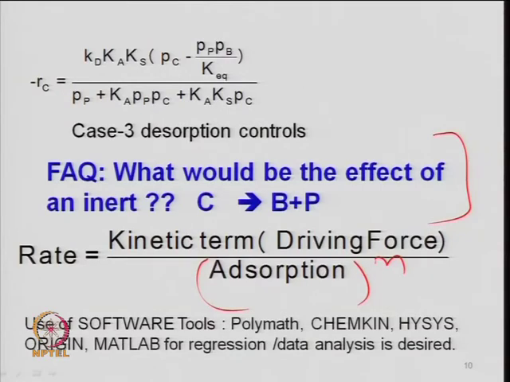Aspen Plus can also be used for that purpose when you scale up the reactors. So, these software tools or application tools can be used for rate parameter estimation or design of a kinetic reaction.